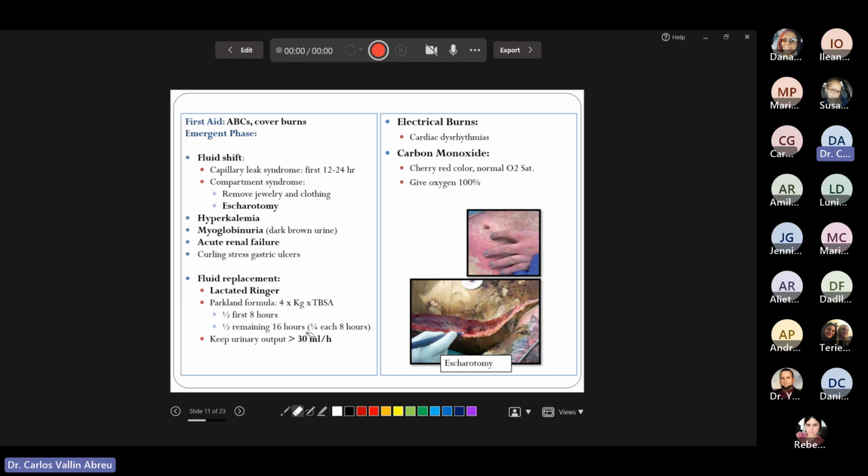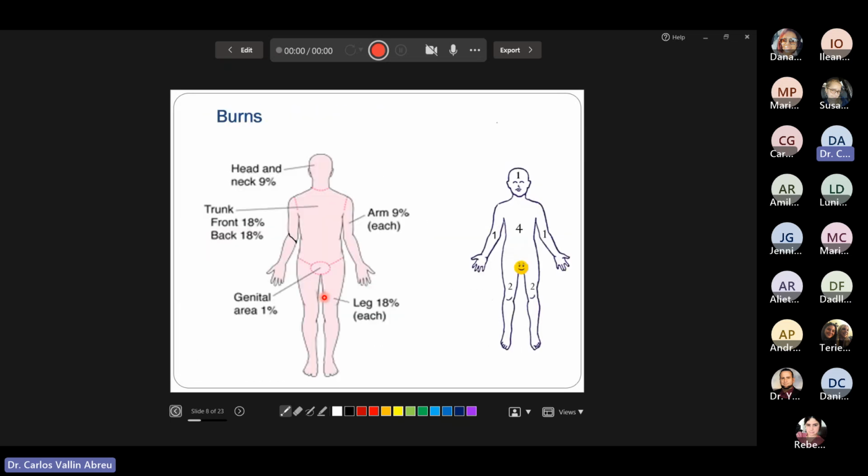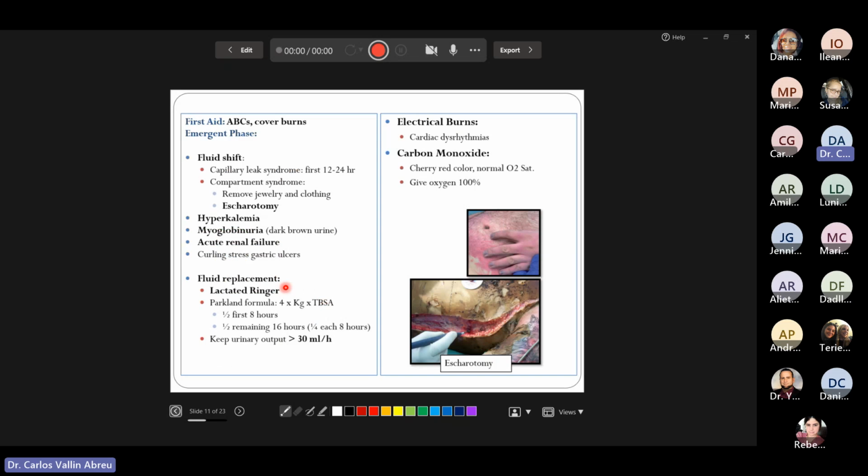The other element of the formula is the weight in kilos of the client. It is variable, because clients are of different sizes. And the other variable is the body surface area that has been burned, which you can calculate with the rule of 9s. When you multiply these three elements, you have a number, usually in the order of the thousands.